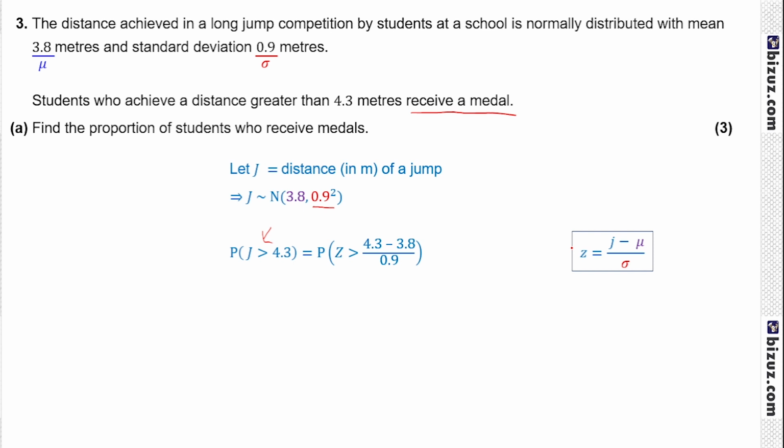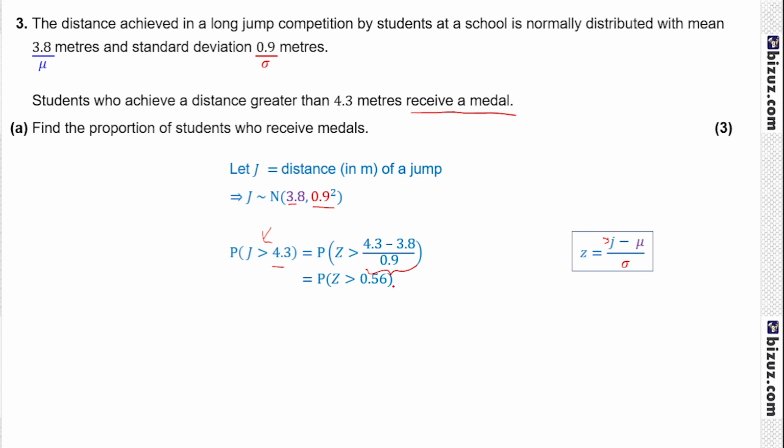The equivalent z value for our j value is z equal to the value in this distribution, 4.3, minus our mean, 3.8 meters, divided by our standard deviation, which is 0.9. So j being greater than 4.3 is equivalent to z being greater than this converted z value right here. If you simplify this, it is the probability of z being greater than 0.56.